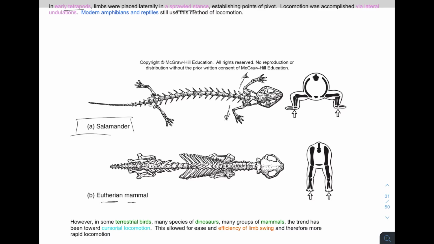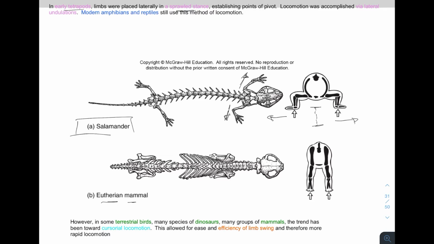Also, the limbs are far away from the center of mass right here, so that even that part requires a lot more energy than having the limbs closer to you.